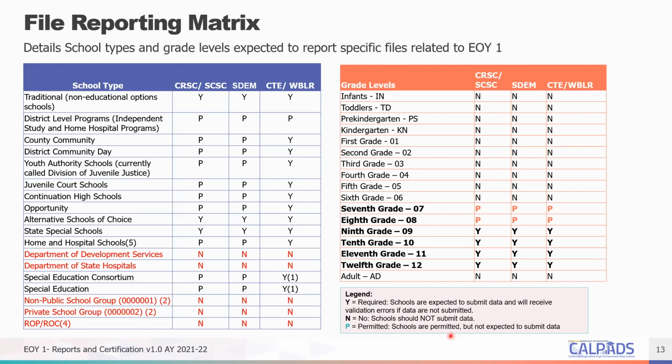P is permitted, meaning schools are permitted to submit but not expected to submit the data. So you can voluntarily report the students, but of course it's not expected for a specific school or grade level. So as you can see, we only expect records for end of year for 9th to 12th graders.